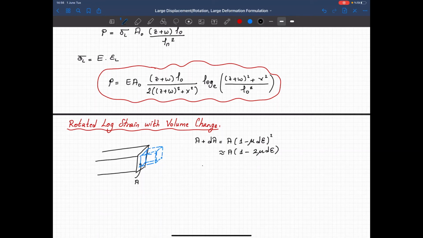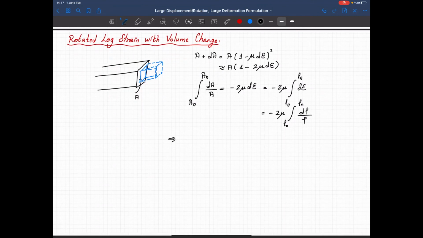Now if I write the integral from A0 to An of dA over A, that will be equal to minus 2 times mu d epsilon, and that will give me minus 2 times mu integral of epsilon, and that's the log strain, and I can just write it this way, 2 times mu integral from L0 to Ln of dL over L.